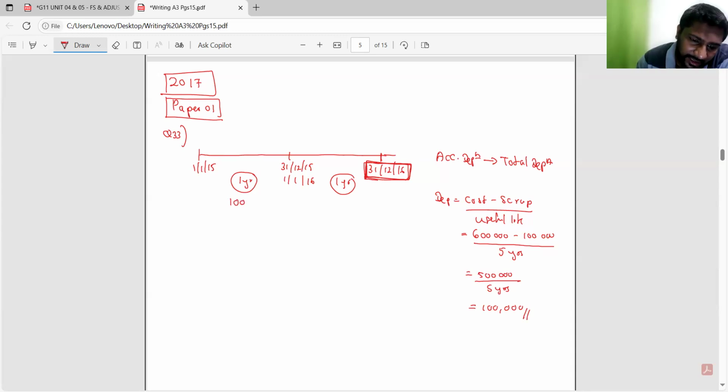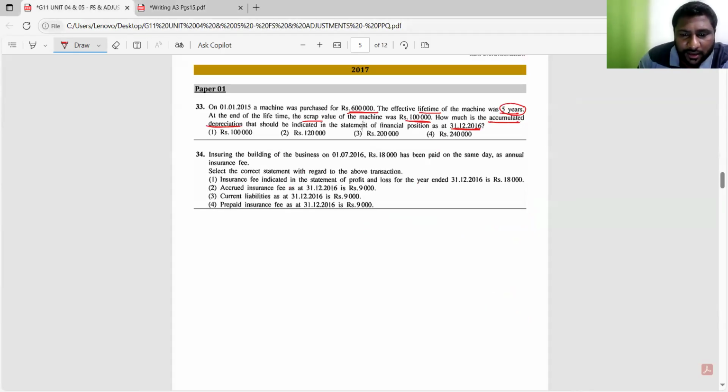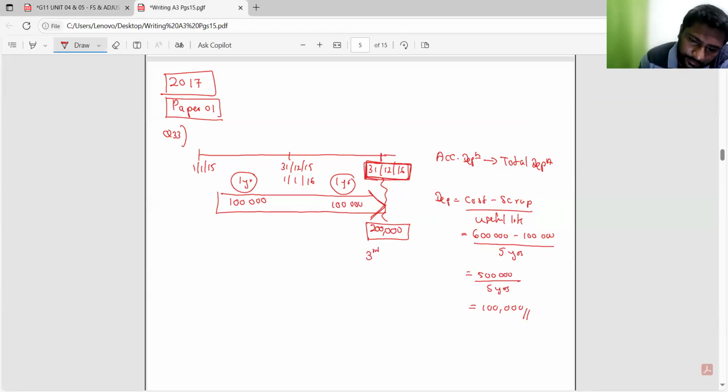Then here first year 100,000, second year 100,000. Then till this day, in total how much they have depreciated? Up to this date, total they have depreciated 200,000. That is the answer. 200,000 is there in the third option.